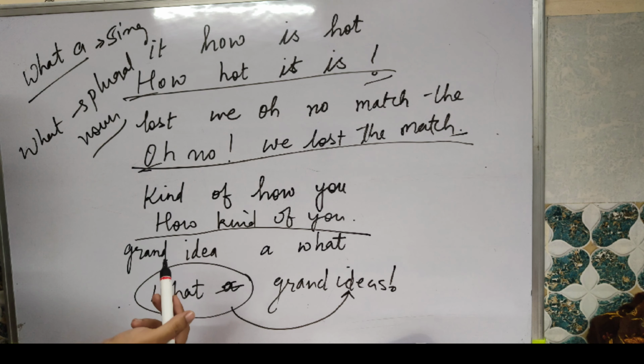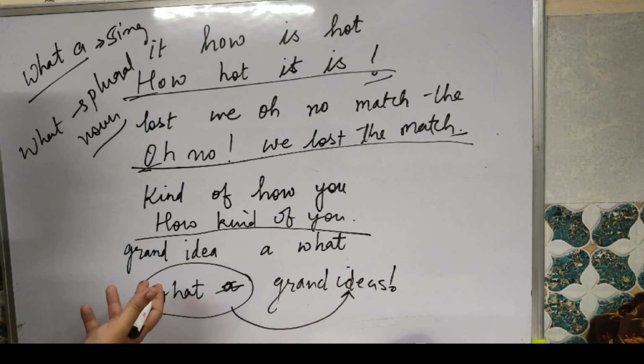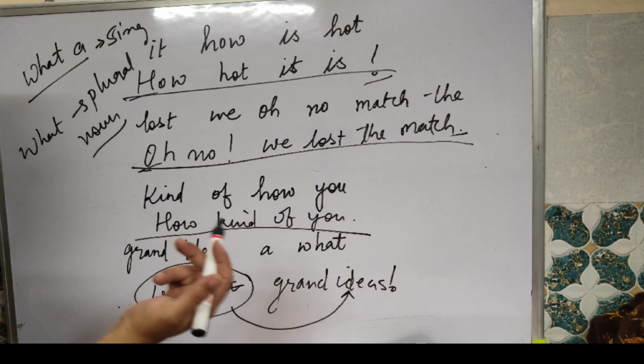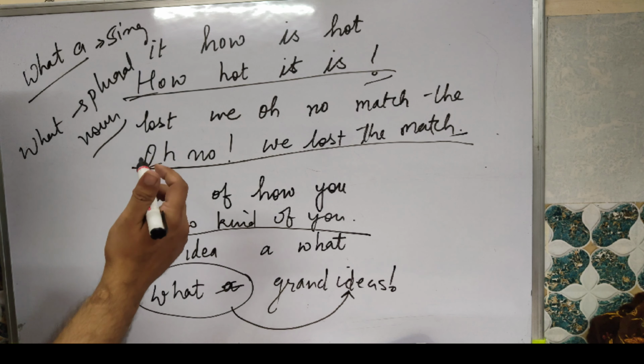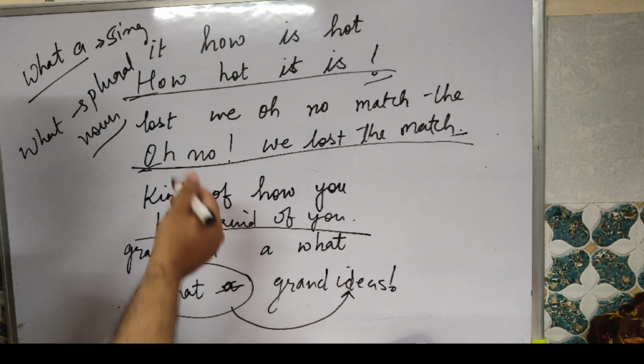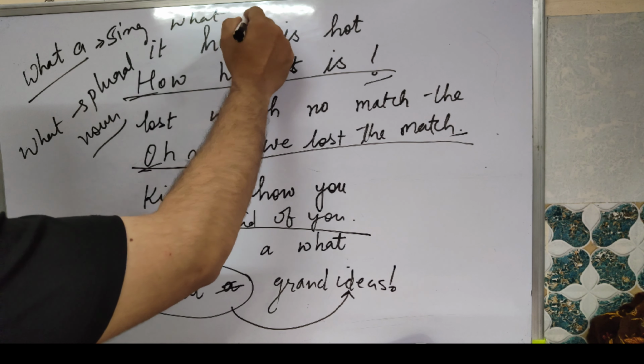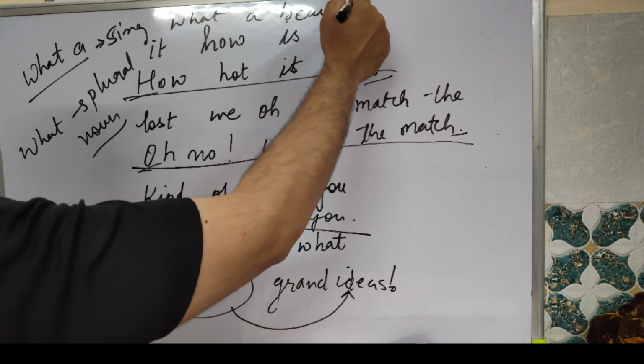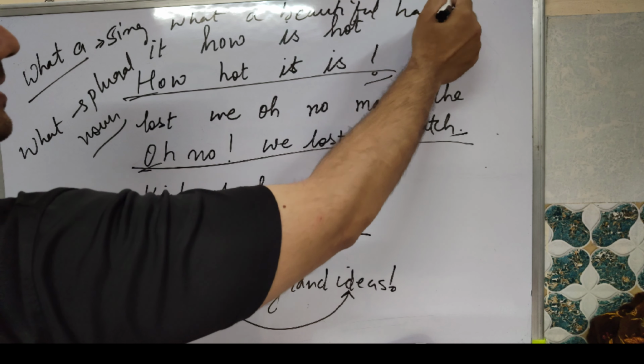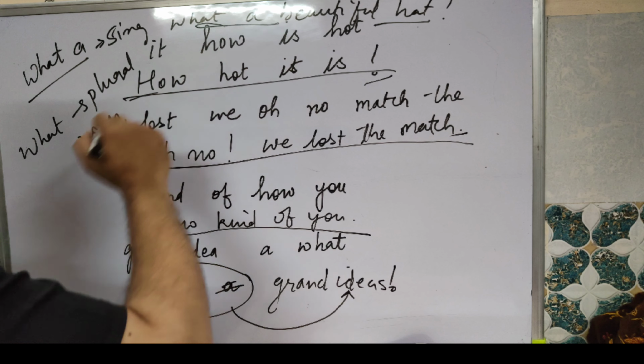Okay, whenever you are using this exclamation, this is quite useful and helpful for you. Like if I have to give you an example, what a beautiful hat. So I'm using over here what a beautiful hat, because there is only a single hat, so that is why what a.